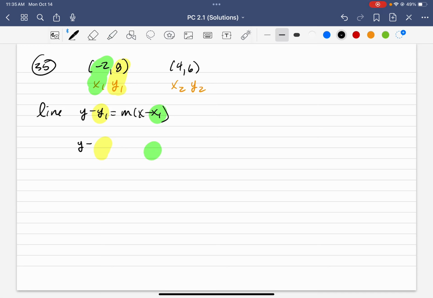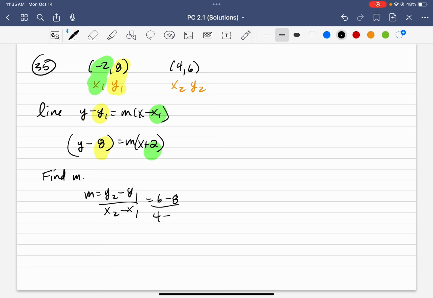So in this case, y1 is 8, and x1 is -2, so it ends up being a positive. So now I need to find m, but that's y2 minus y1 over x2 minus x1. So that's 6 minus 8 over 4 minus a -2. So it's -2 over 6, which is -1/3.